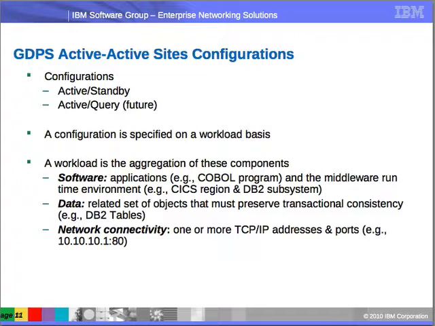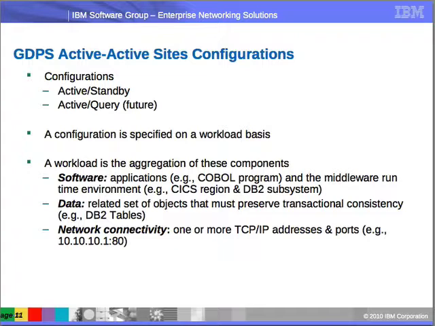And that's a key thing here because, for example, if you have one application writing to a specific DB2 table and then an entirely different application also accessing that same DB2 table, even though they're distinct applications, they really belong in the same workload because they're both accessing the same data. Whereas if you have a workload updating DB2 and a workload updating IMS, you would define those as separate workloads. That way we can take recovery actions on a workload by workload basis.